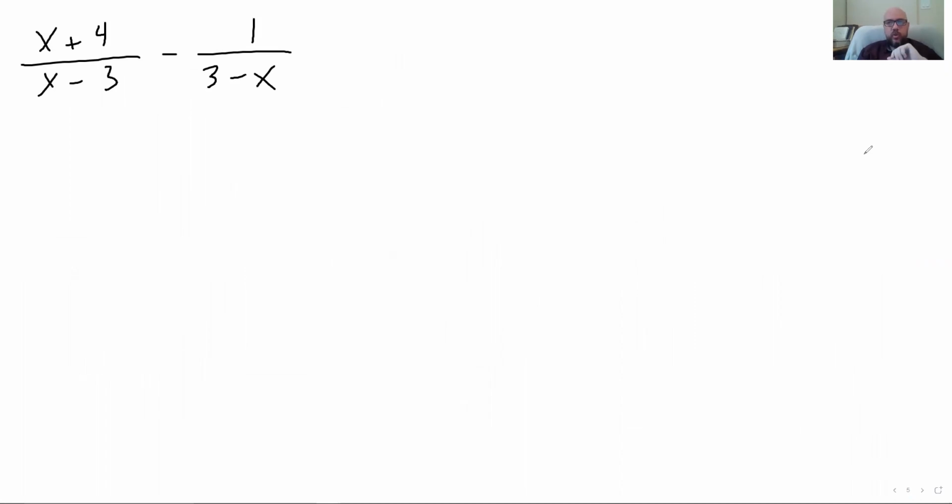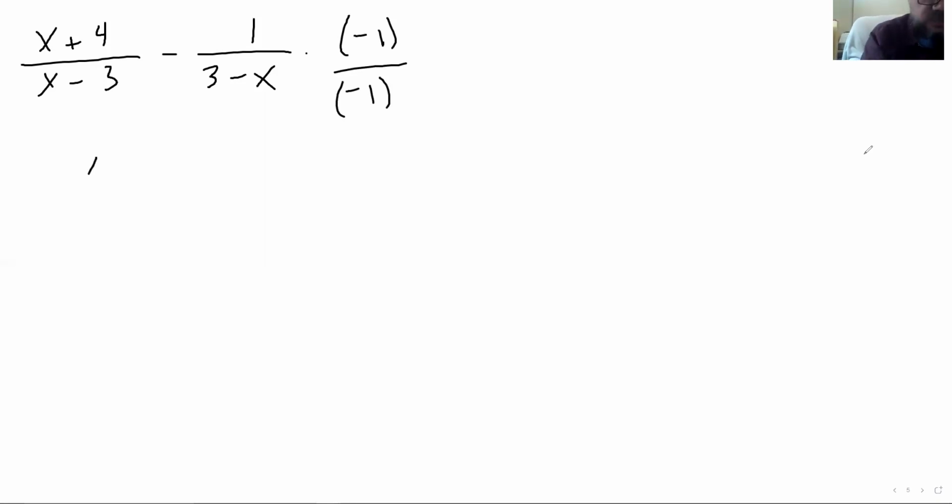I do just want to show you some things you can do with negatives. So remember, we've got x minus 3 and 3 minus x here. And if you recall, those things are negatives of each other. So I'm not actually missing anything here. It's just that I'm subtracting in the wrong order. So one thing that I can do is pick either one of them, it doesn't matter which one, and multiply by -1 over -1, which effectively just changes the sign in the top and bottom.